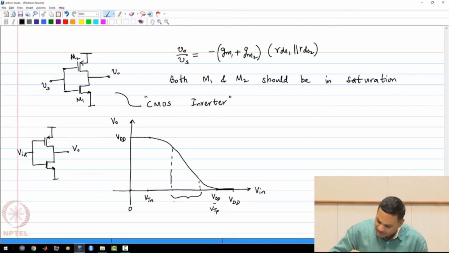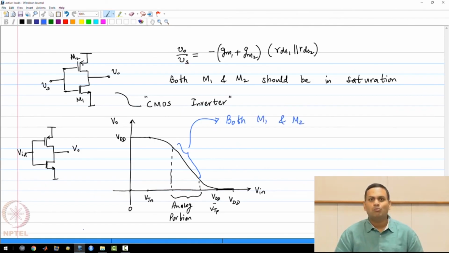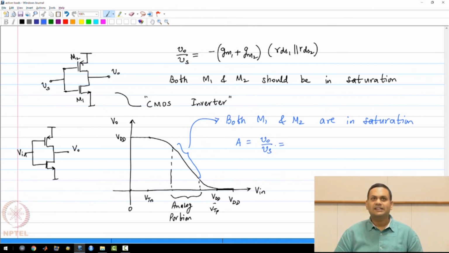Now this portion is the analog portion. In this region, both M1 and M2 are in saturation. And this is where you get maximum gain, because please note that the gain A, which is Vo by Vs, is nothing but the slope of this curve.